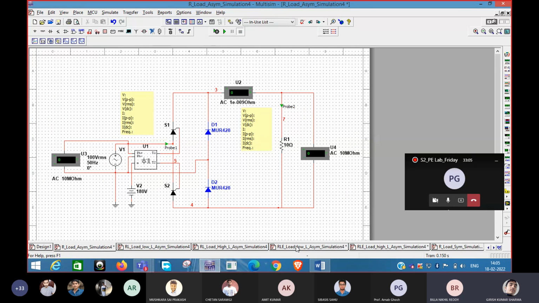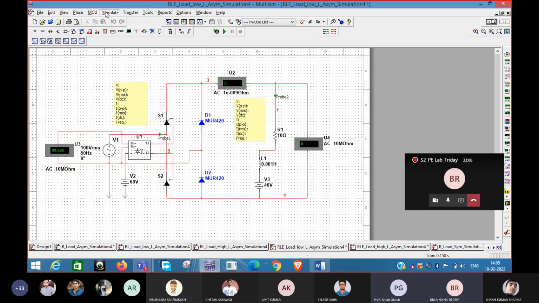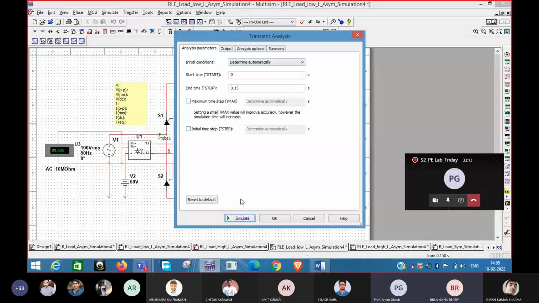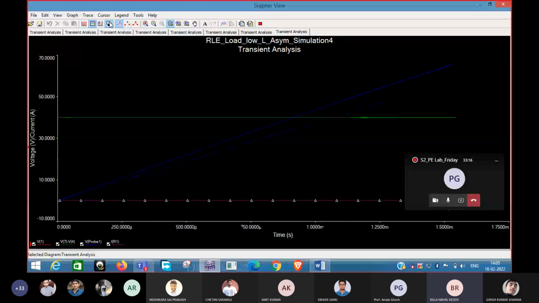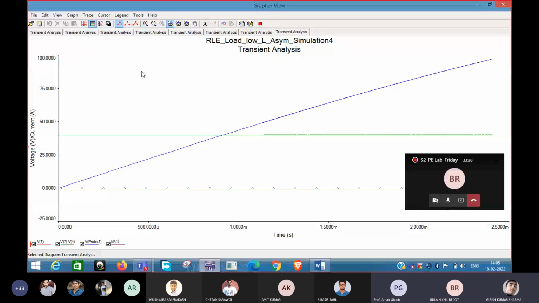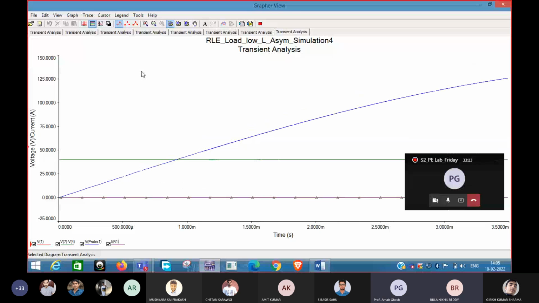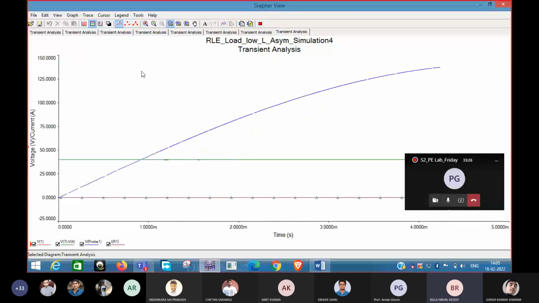Yes, sir. This is the RLE load. Show me the simulation. Just wait a minute, sir. Again, the transient problem is there. Yes, sir, it's coming.